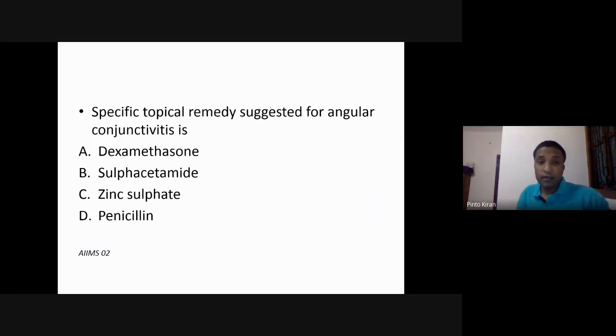Okay, here, see, the options are, I told you the only treatment of choice is tetracycline, but the options are entirely different here. You have dexamethasone, sulfacetamide, zinc sulfate, you have penicillin. I told you the patient in angular conjunctivitis will have overlying skin excoriation.